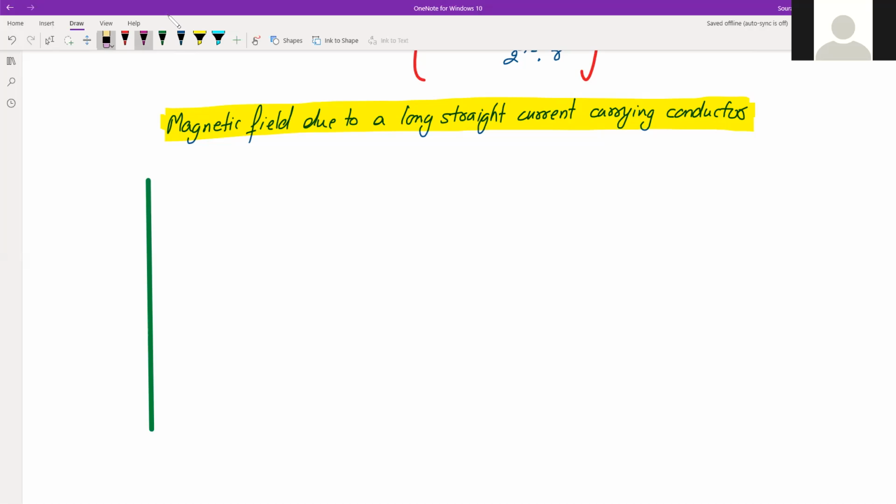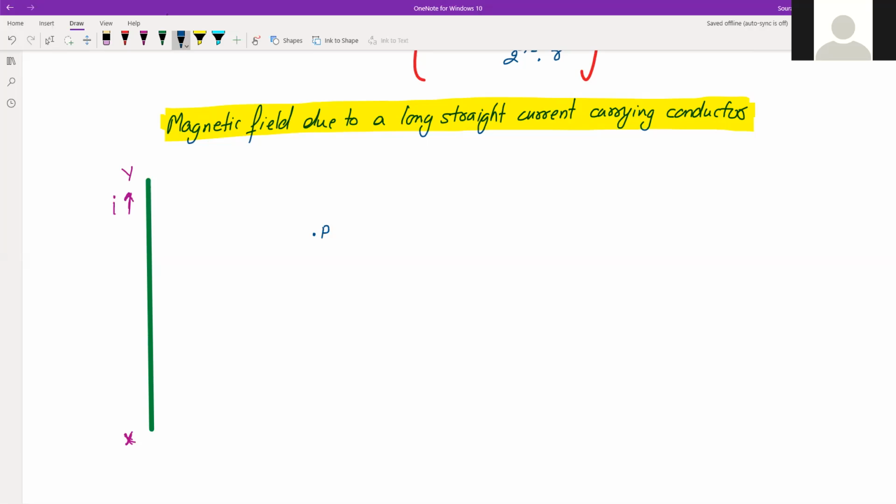So let this be the direction of current, that is going upwards, right? Let us say this is point X and this is point Y, the top end is point Y. Suppose this is the point P, this is point P where we have to find the magnetic field.